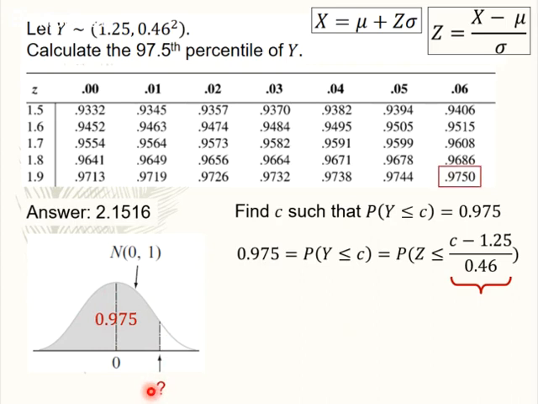And remember, it's like finding probabilities backwards. So instead of starting out with your Z, you start inside your table, and then you go outwards, and then you find your Z. So what this tells us is this value is 1.96.